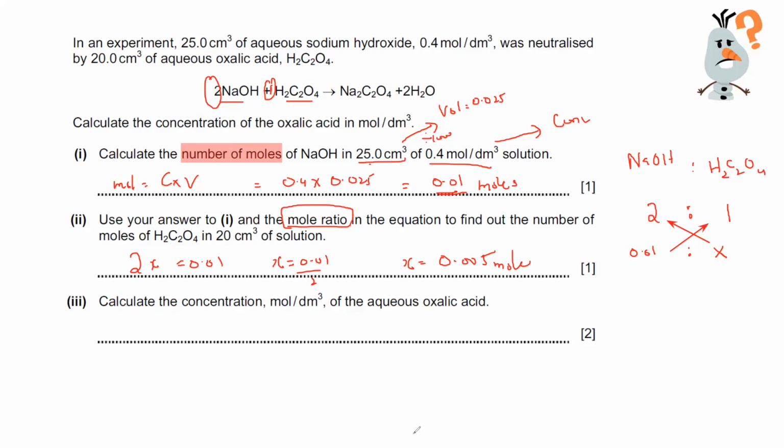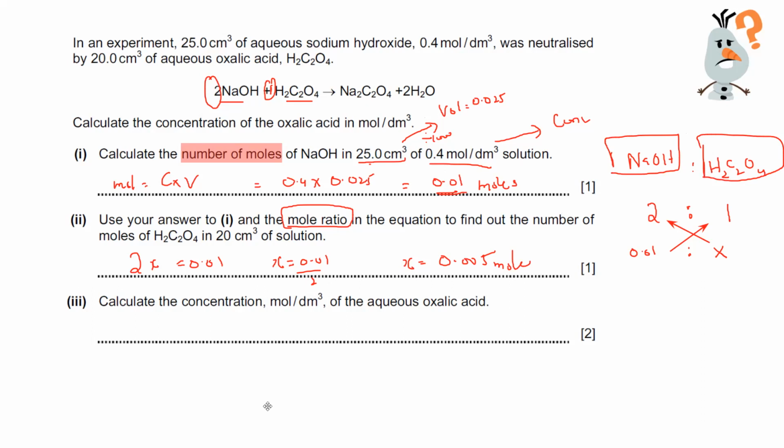As the question mentions, you have to use a mole ratio of the oxalic acid with the other substance to get the moles. So we had sodium hydroxide, and we've got the moles for oxalic acid.